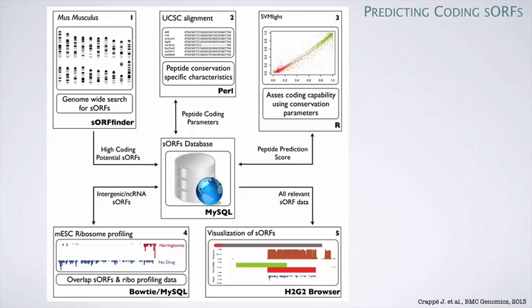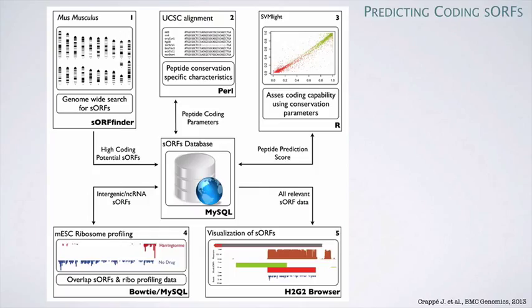Afterwards, we used multiple sequence alignments to really come up with a measure of how well these sequences are conserved. And then afterwards, we used support vector machine techniques to somehow rank these small open reading frames on coding.